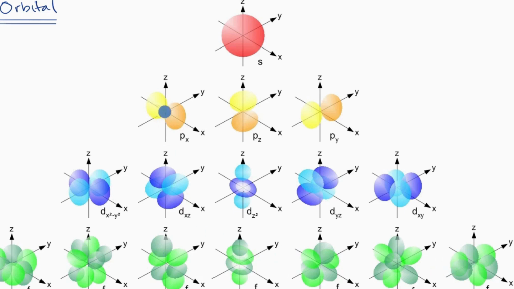Now, each orbital can fit 2 electrons. So if you're thinking about the subshell, the S subshell can fit 2 electrons. The P subshell can fit 6 electrons. The D subshell can fit 10 electrons. And the F subshell can fit 14 electrons, 2 per orbital.